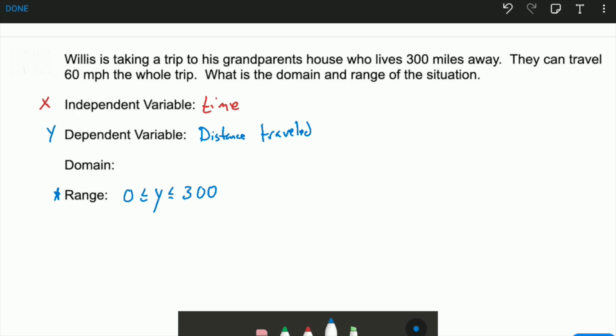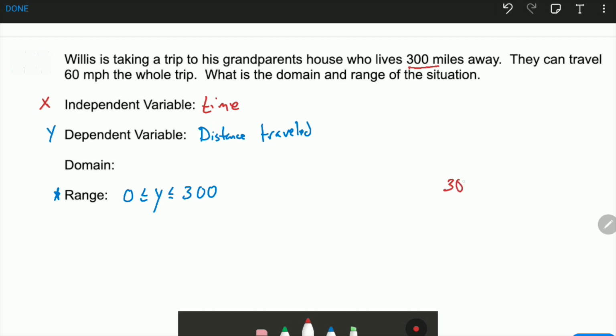As far as the domain or the time goes, the possible times, it wouldn't make sense to have any negative times, but when do we know we're done with the trip? Well, that can be easily calculated. If we're going 300 miles away and we're driving at 60 miles per hour, we just need to figure out how many hours that is. We can do a little bit of math.